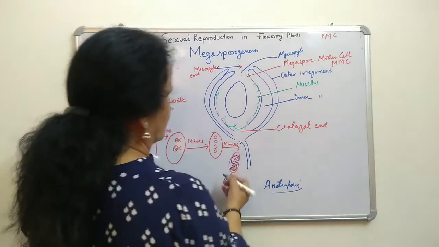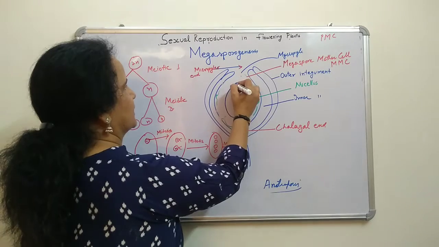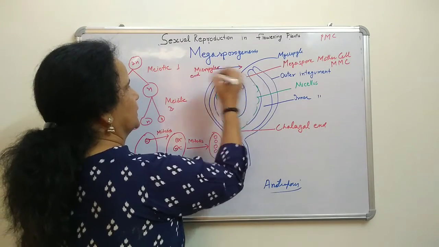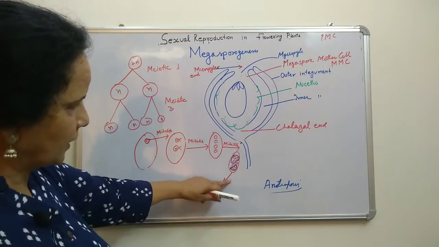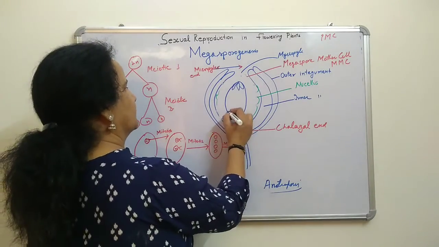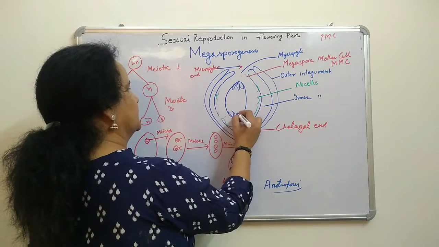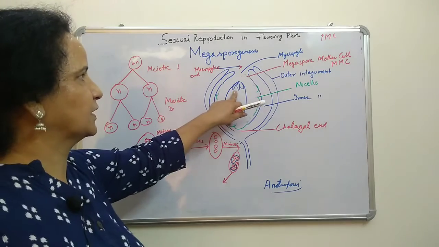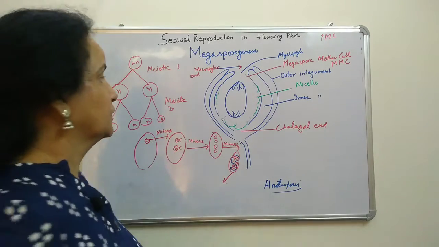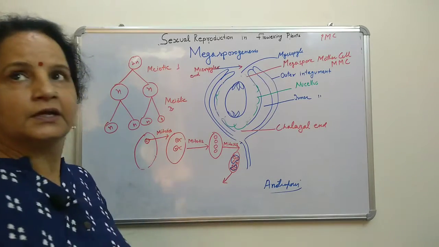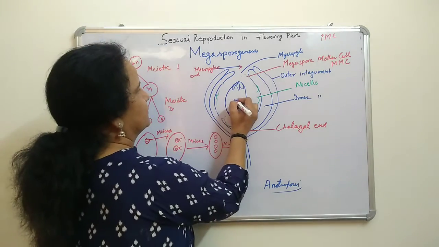So 3 cells are at one end, and at the opposite chalazal end there will again be 3. The 6 nuclei are used. Now 2 nuclei remain in the middle.